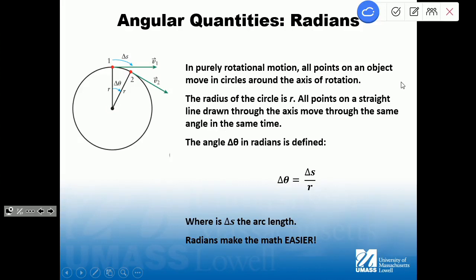Think about how many degrees there are in one full circle. 360 degrees in one full circle. How many radians are there in one full circle? Close. 2 pi. It's 2 pi radians in one circle, which gives you your conversion factor.